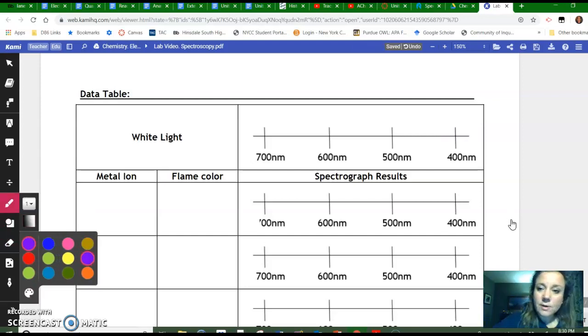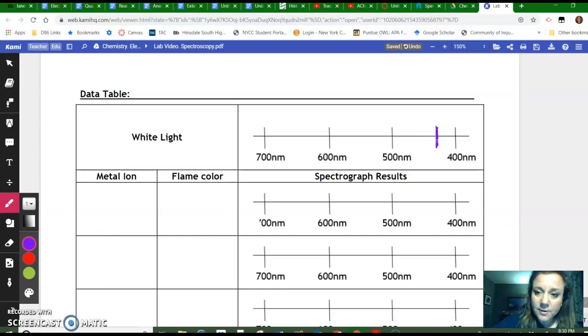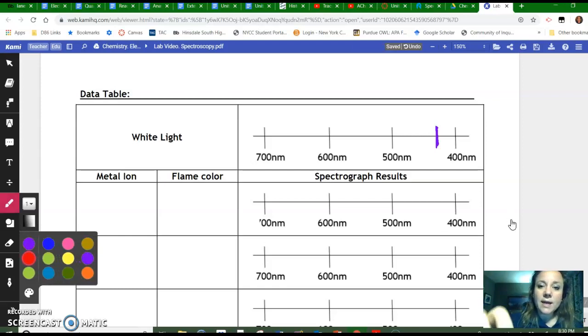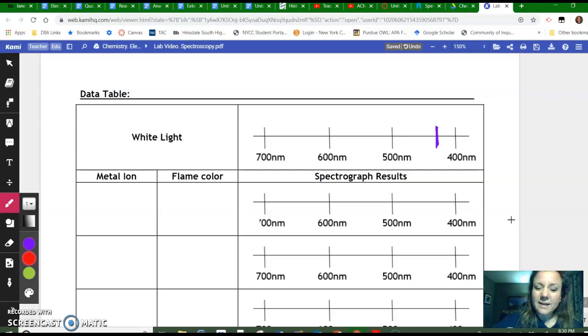There we go. So our violet light would be closer over here to 400. So I would draw a purple line close to that side, whereas my red would be, I think if I remember correctly, it's going to be a little bit closer to about my 600 nanometer side, right about here.